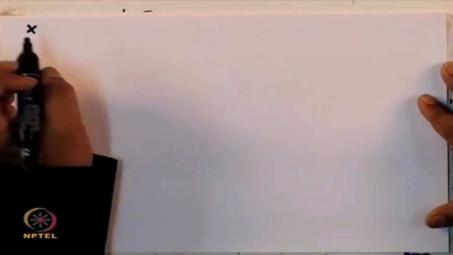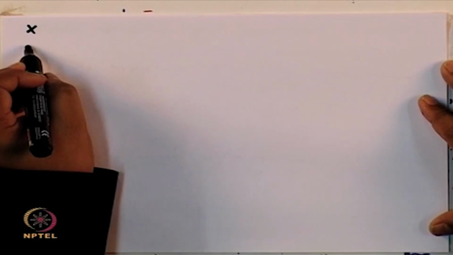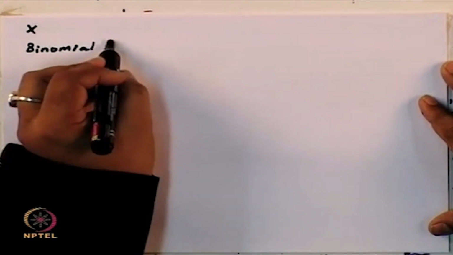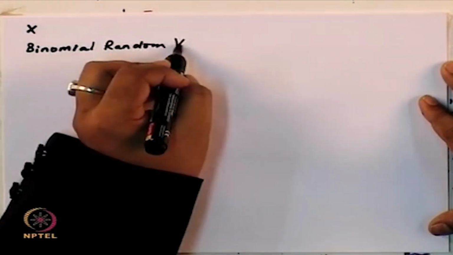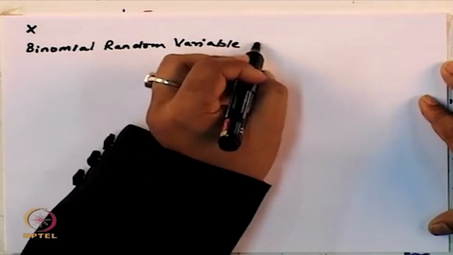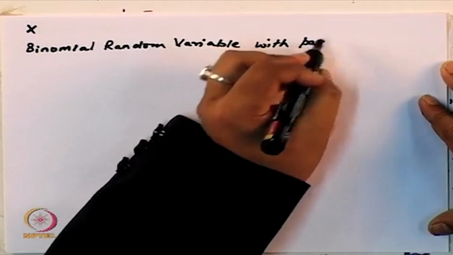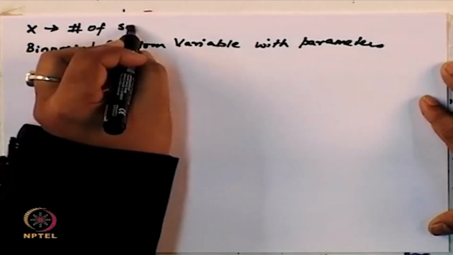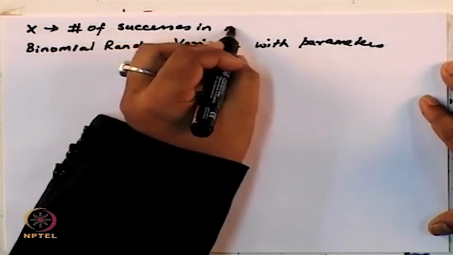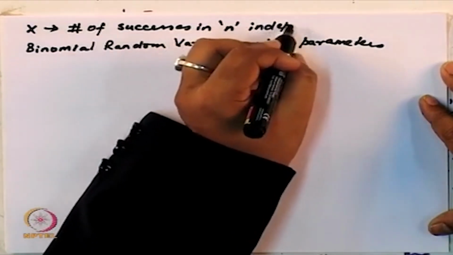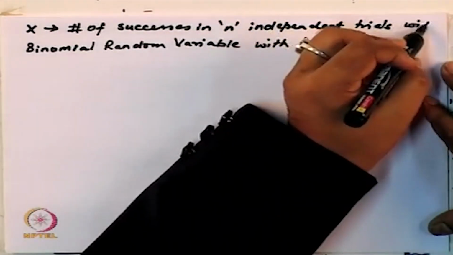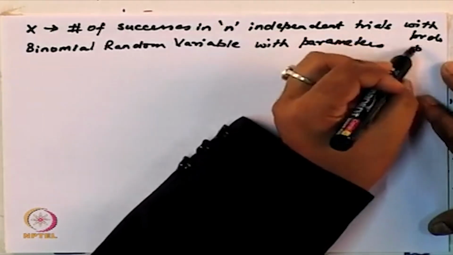For this random variable, we call x a binomial random variable. x measures the number of successes in n independent trials, with probability p.